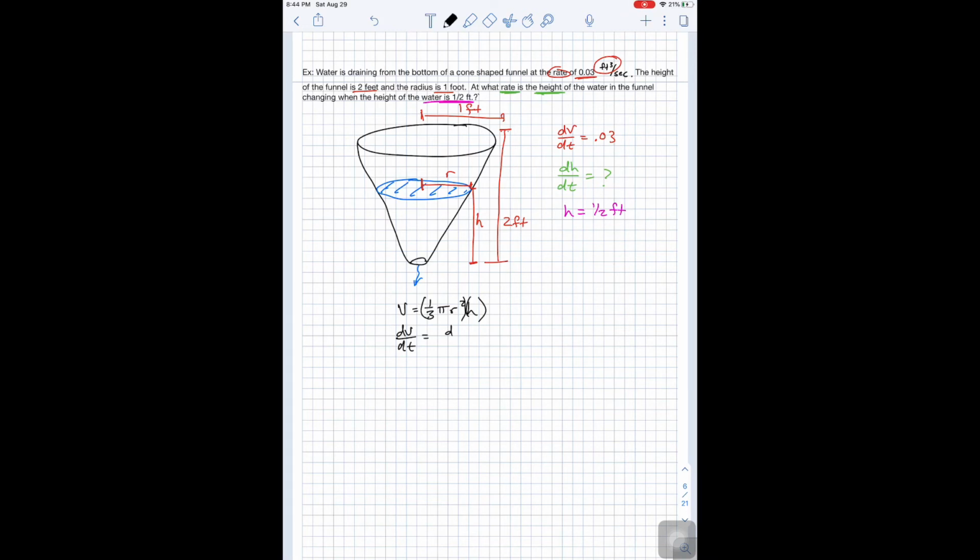So I'm going to say the derivative d/dt now of the first term times the second term plus the derivative of the second term times the first term. All right, so the derivative of this first term is going to be 2/3 pi r dr/dt times my height. And the derivative of this h is just 1 dH/dt.